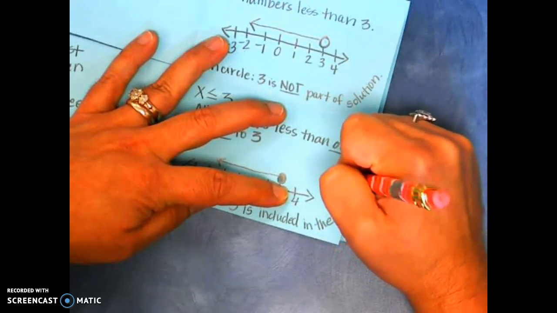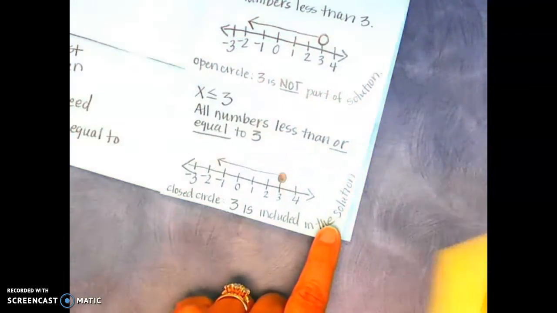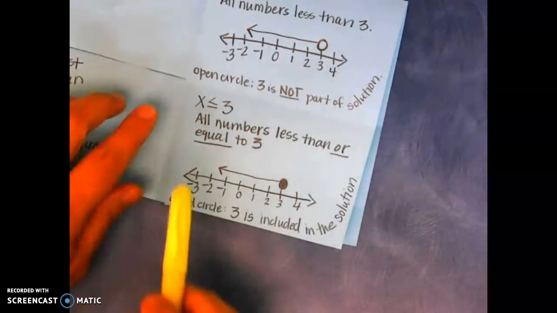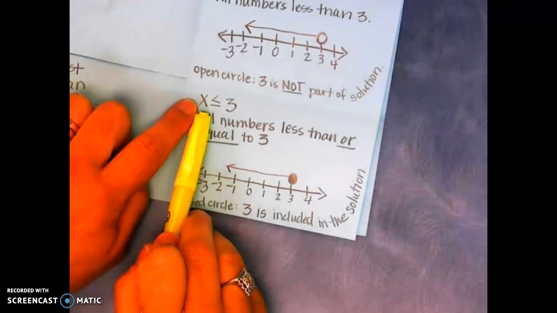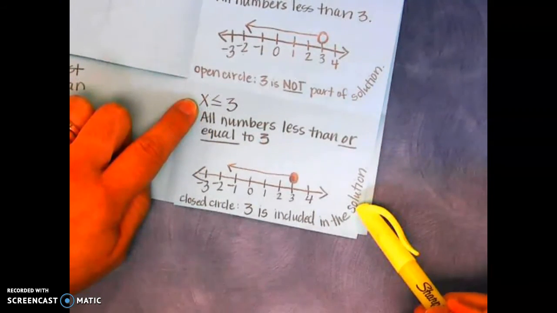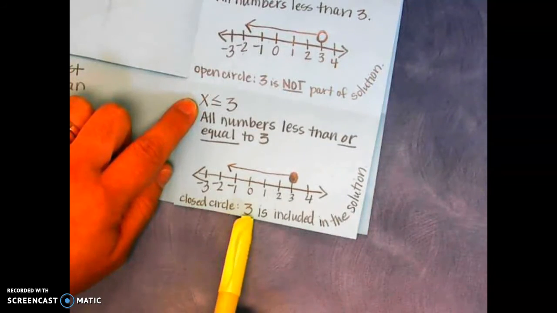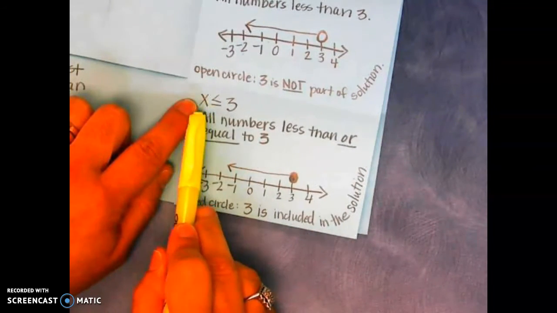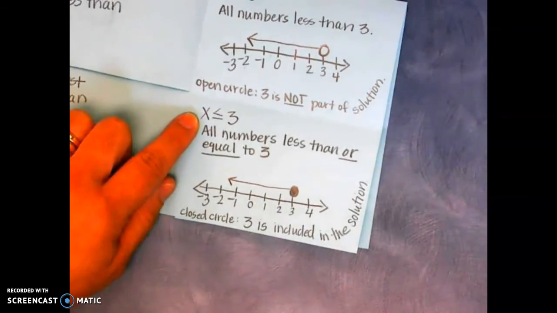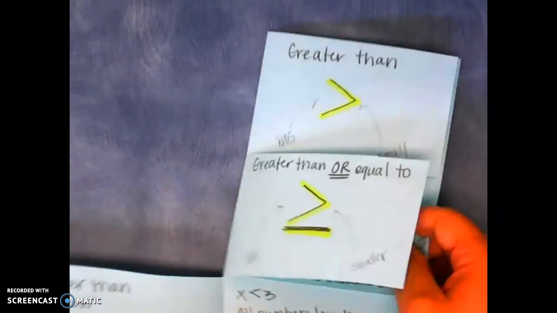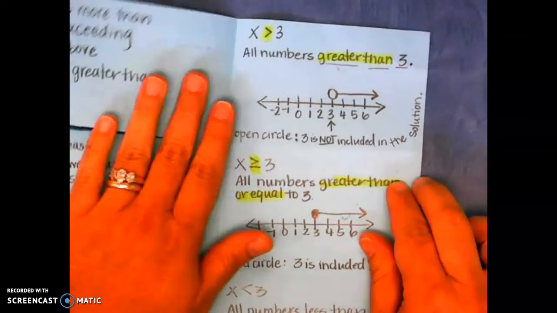When we say that word, solution, what we mean is all the numbers that we could replace x with. Okay, that's what the word solution means. I can include 3 or any number less than 3, and this inequality would be a true statement. And that's what the word solution means in all of these up here in our foldable.